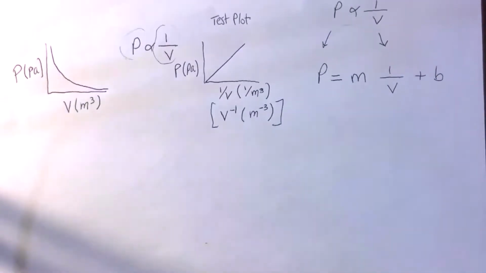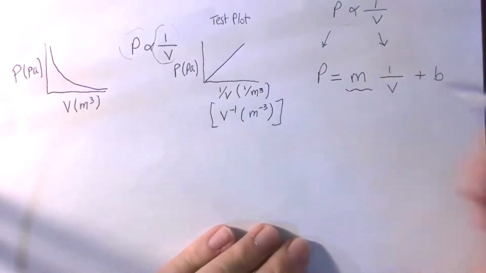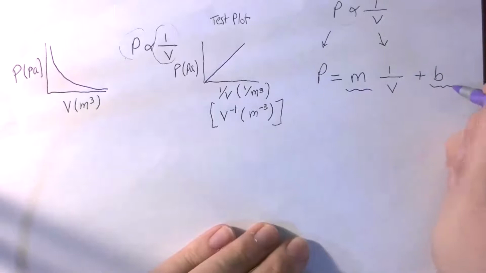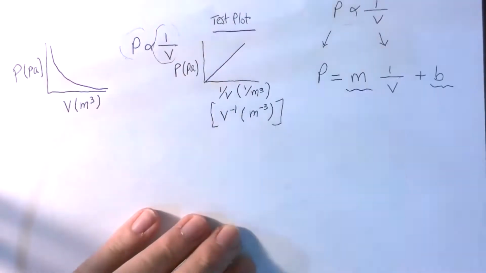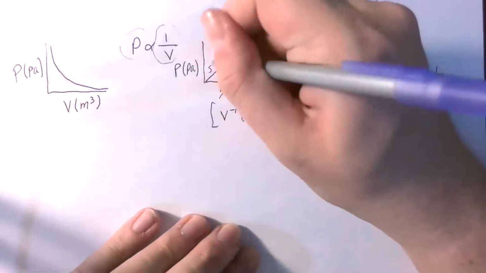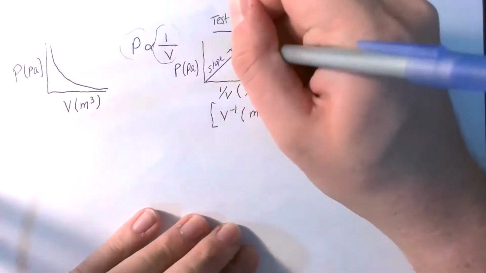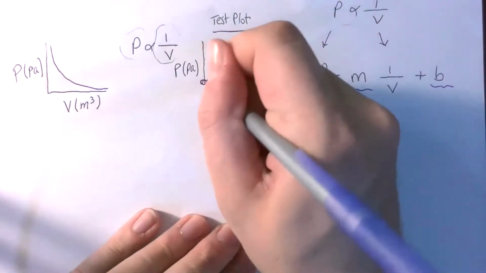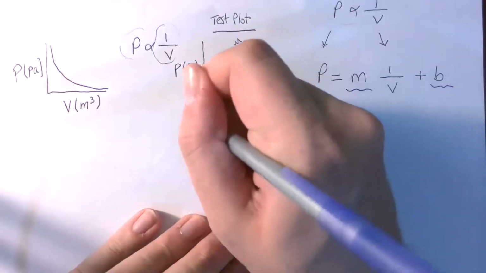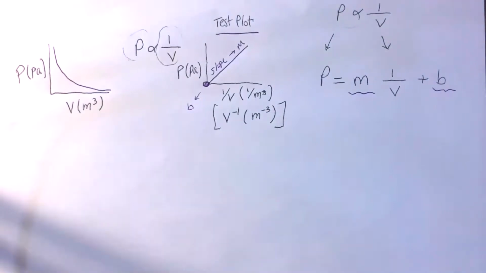So in any of these examples, we're always going to be looking for the values of m and b. And for that, we're going to go back to the test plot, where the slope of the test plot is this value m that we're looking for, and the intercept here is the value b that we're looking for.